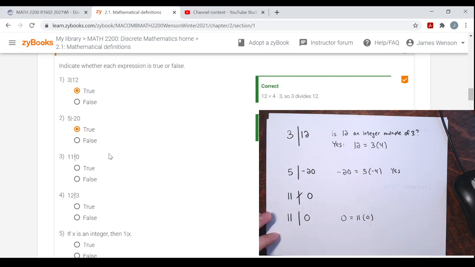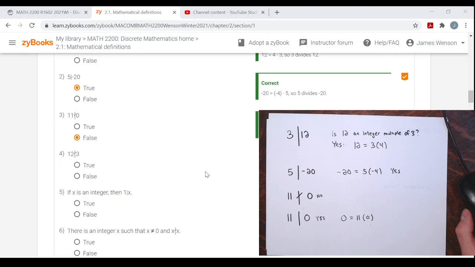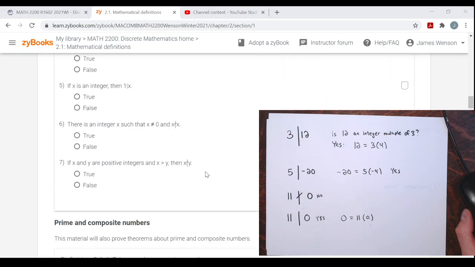So yes, 0 is equal to some multiple of 11. It's 0 times 11. So yes for this, meaning that this is false. Saying that 11 does not divide 0 is false. And again, the explanation there, just what I wrote: 0 equals 0 times 11. All right, and I'll leave it to you to do the other ones.